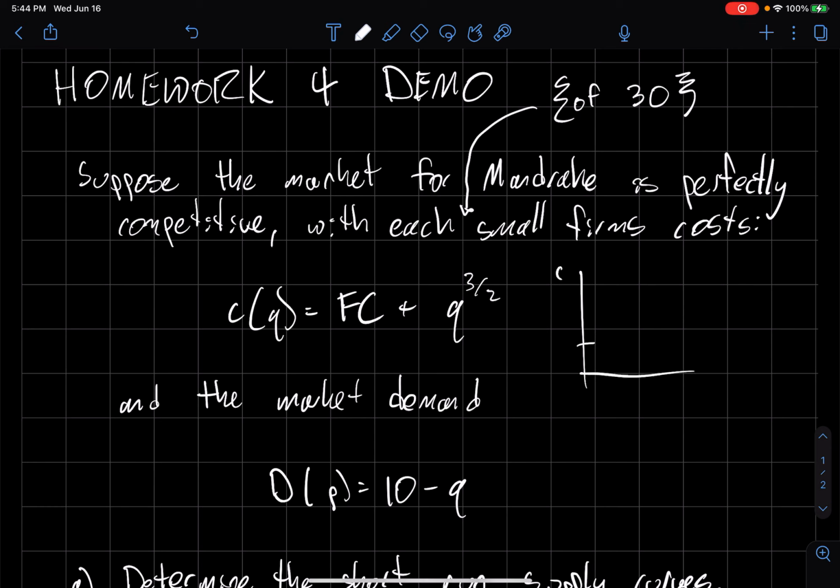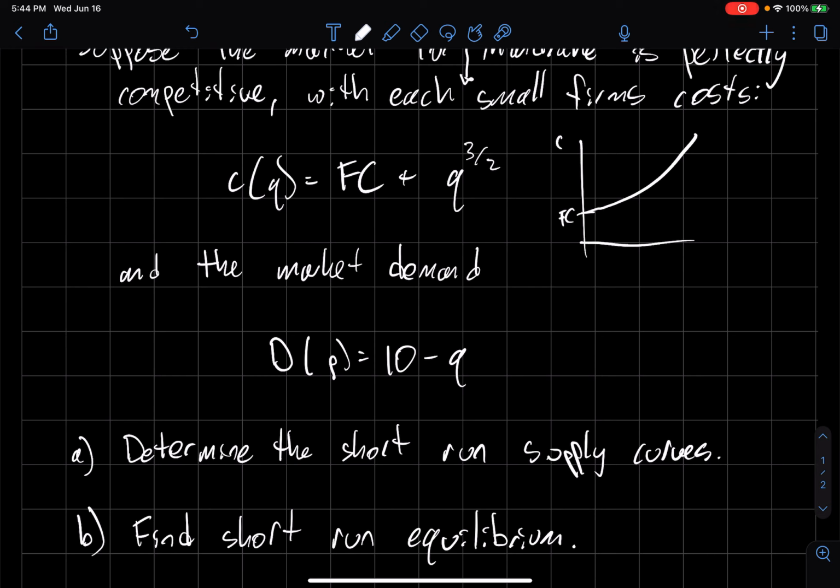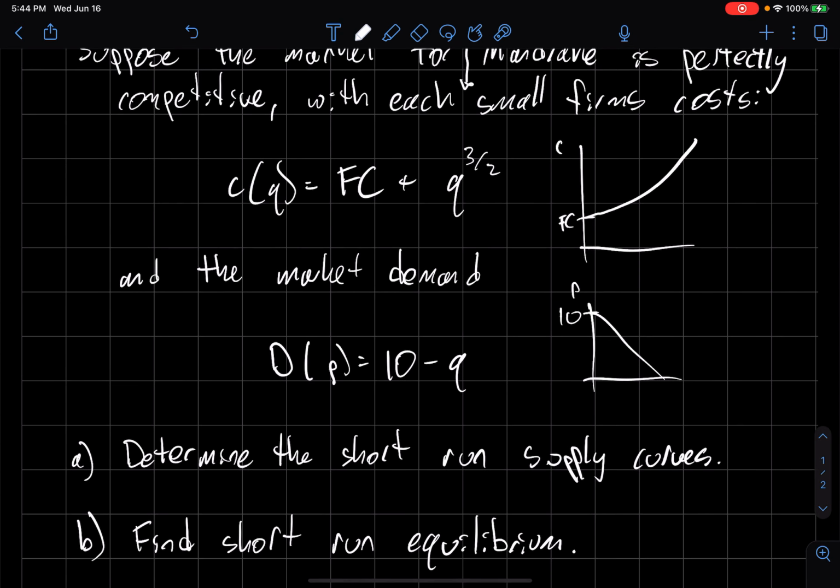We have some fixed cost, and this is increasing a little bit faster than linear. And then the demand curve is just downward sloping 1-to-1 with an intercept of 10. And then we have 40 firms in the market.